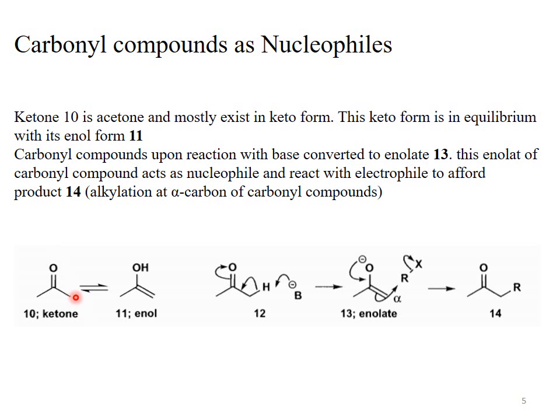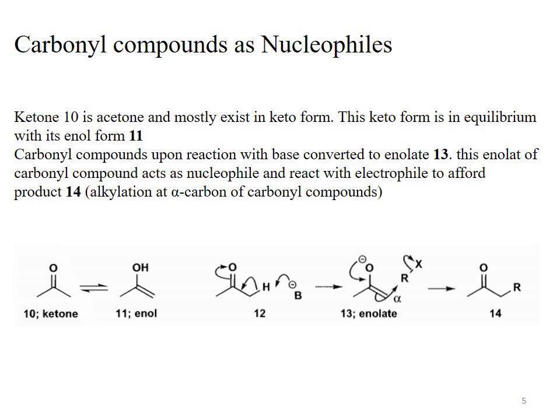When a base reacts with a carbonyl compound, the base will abstract the acidic proton. As a result, a negative charge is created on the alpha carbon, so a carbanion is produced. That carbanion negative charge moves inward and is in resonance with the double bond of the carbonyl group.